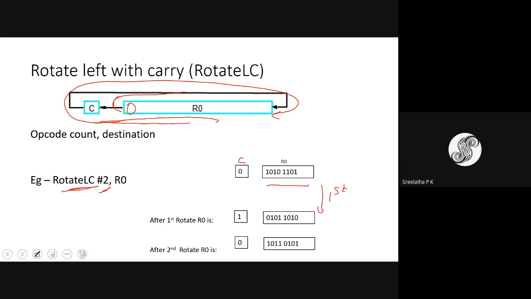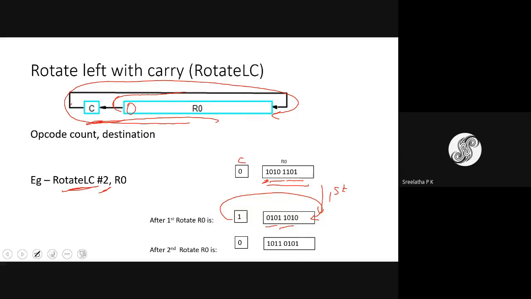So 1, that is the MSB, moves to the carry bit. Then it is 0 1 0 and 1 1 0 1. The value that was in the carry bit is moved to the LSB. In the diagram you had seen, the value in the carry bit is moved to the LSB.